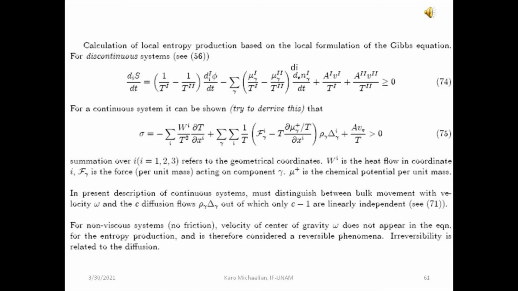So there are only really c minus 1 linearly independent variables delta gamma. Now also note that we are considering non-viscous systems, that is, no friction with respect to the outside. So the flow of the center of mass does not appear in the equation for the entropy production. The entropy production is only due to the flows of the different components with respect to the velocity of the center of mass of the system.